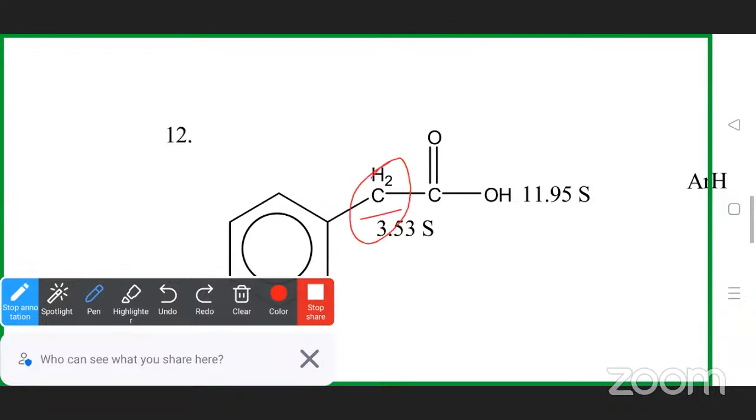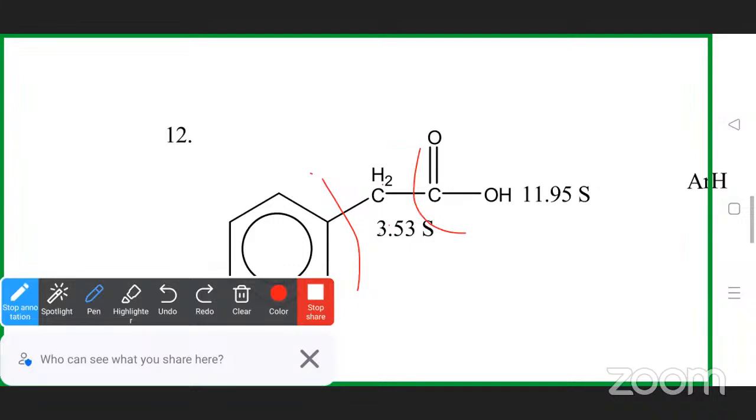Being an sp3 proton, it must appear in the range below 1.5, but we are seeing it appear at 3.53. That means it appears in the deshielded region, downfield. The reason is that this particular proton is attached in between two electronegative groups.